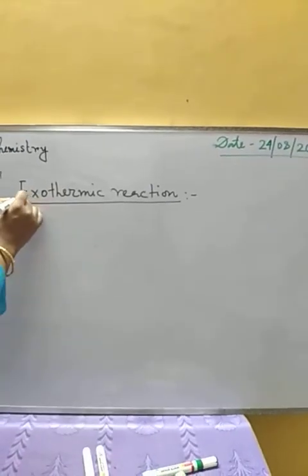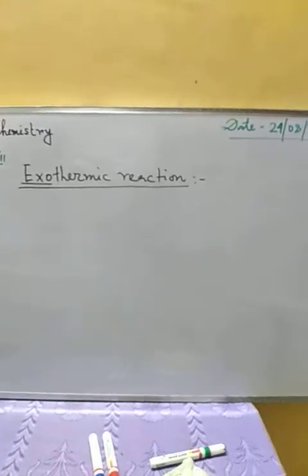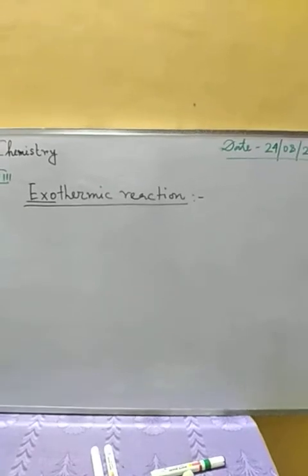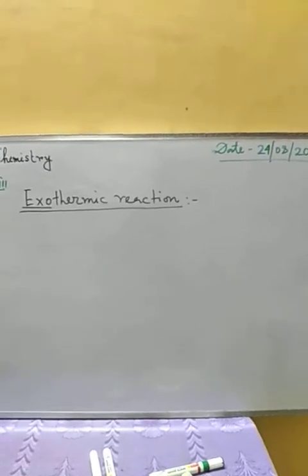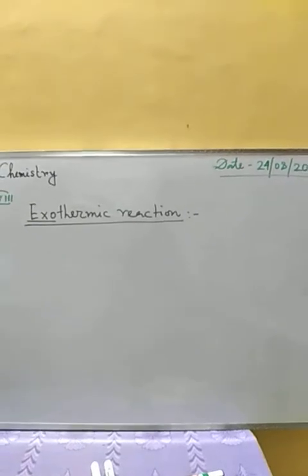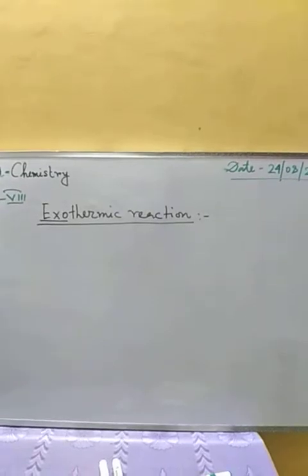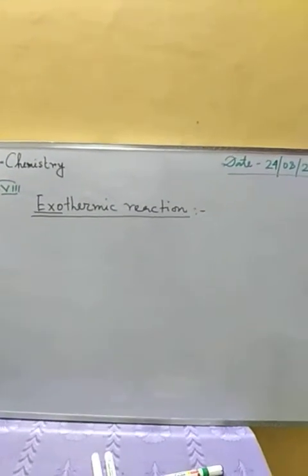So exo, this term exo means outside or outward, wherever we will be getting the evolution of heat during the reaction. So those reactions we will call exothermic reaction, where heat will evolve.